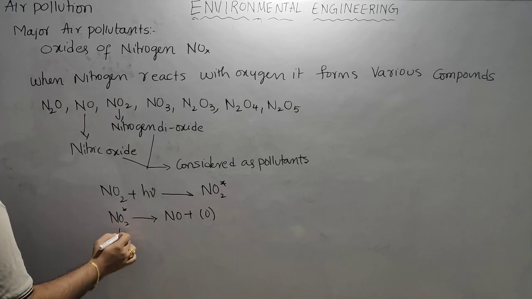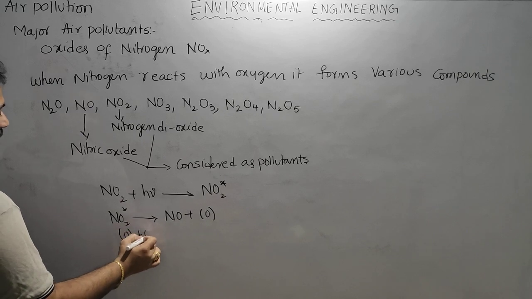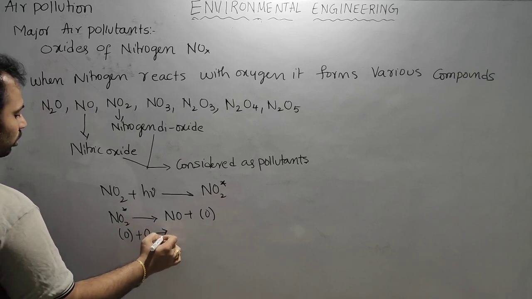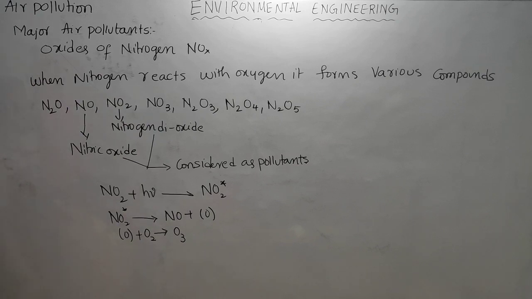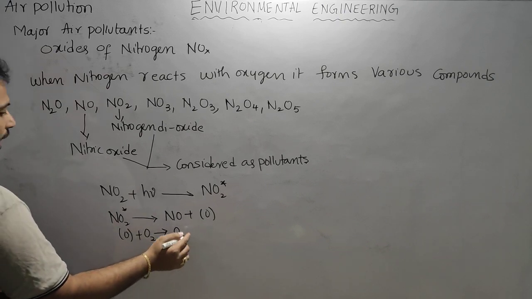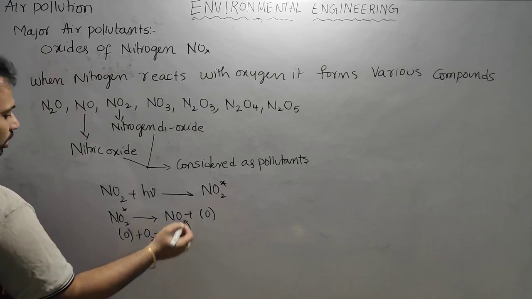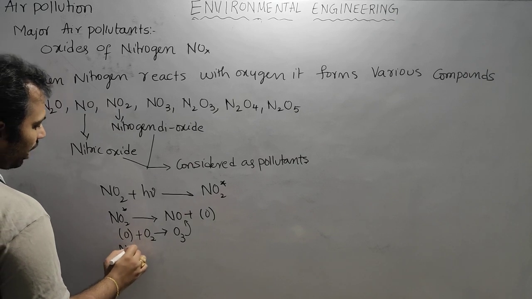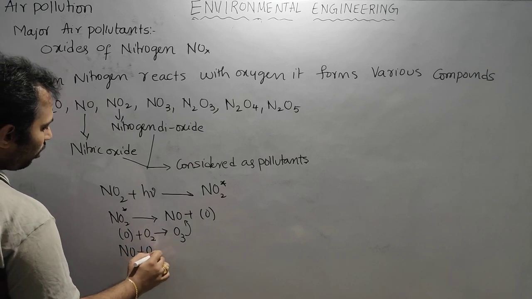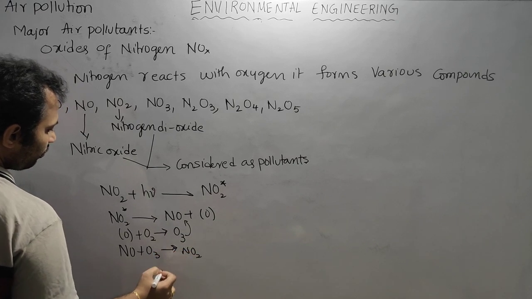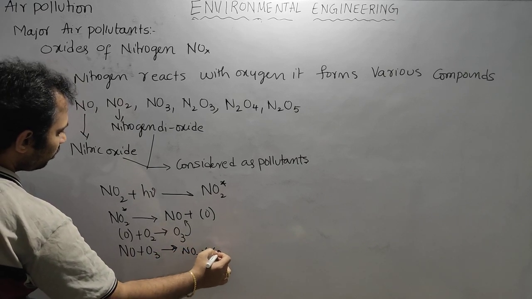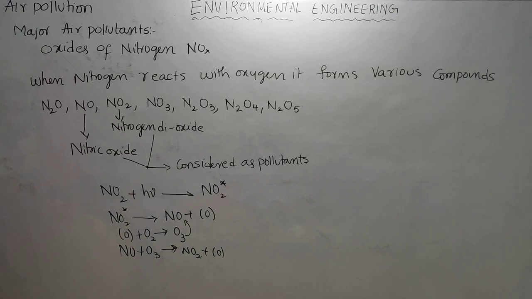This nascent oxygen may react with O2 and form O3 in the environment, which is a pollutant, or else this O3 goes back and reacts with nitric oxide and forms NO2 again, and a nascent oxygen gets released.